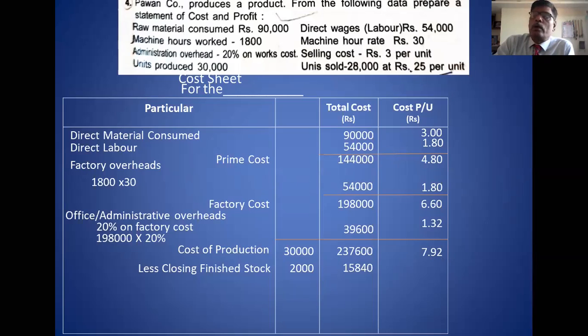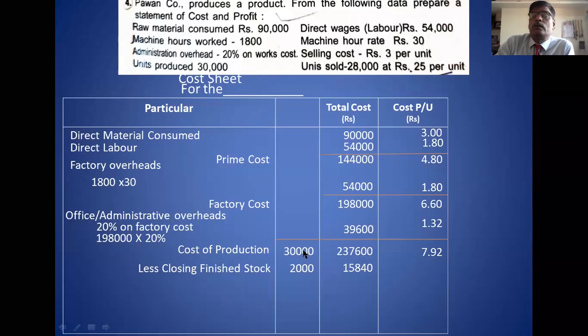Closing stock is equal to closing stock unit into cost of production per unit. Its value is 15,840. In the next session, I will show the calculation.